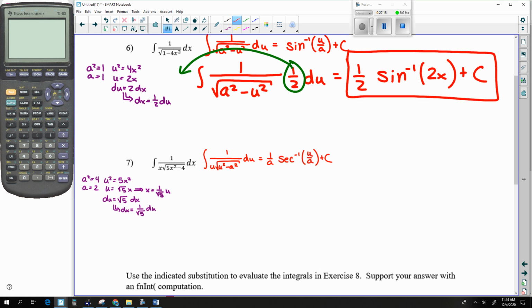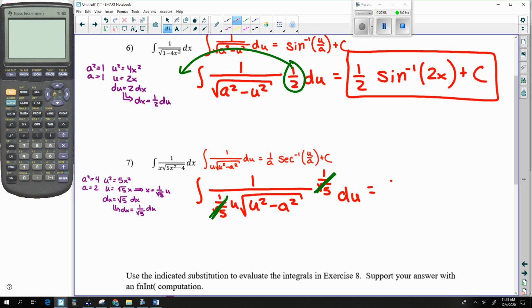So x is again 1 over root 5 u. 5x squared is my u squared. 4 is my a squared. And dx is now 1 over root 5, which is technically the numerator, du. So I have a numerator canceling a denominator and matching up perfectly to the equation that I needed to create. So this is all good, no extra pieces.